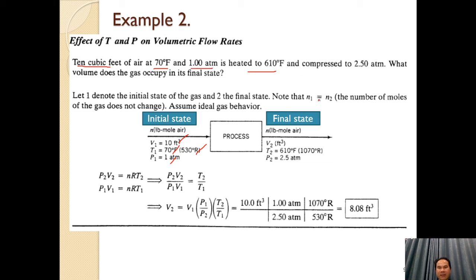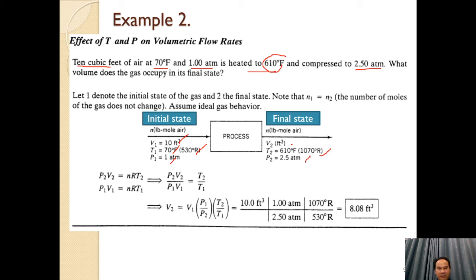In the final state, after heating and compression, V2 we have to calculate. T2 is 610 Fahrenheit, and then you convert to 1070 Rankine. And P2 is 2.5 atm.